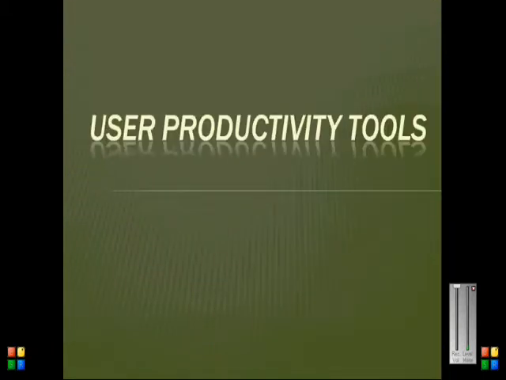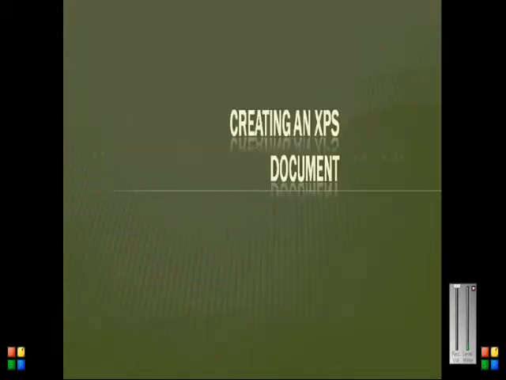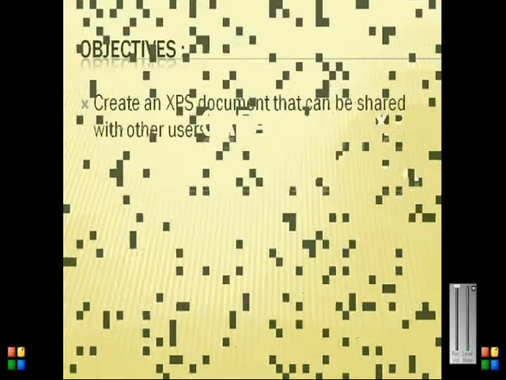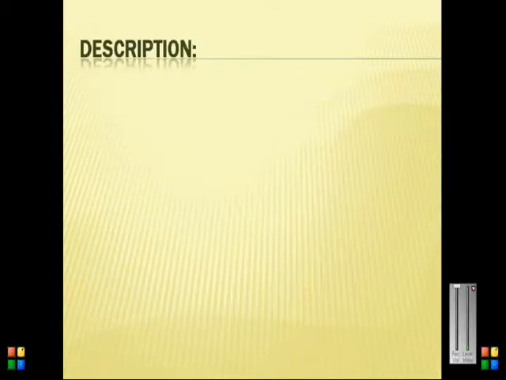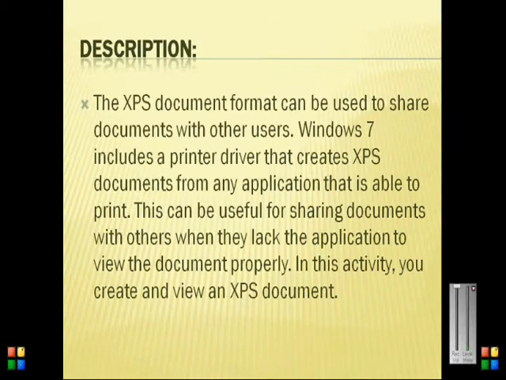Next is User Productivity Tools. Creating an XPS document. Objectives: create an XPS document that can be shared with other users. Description: the XPS document format can be used to share documents with other users.